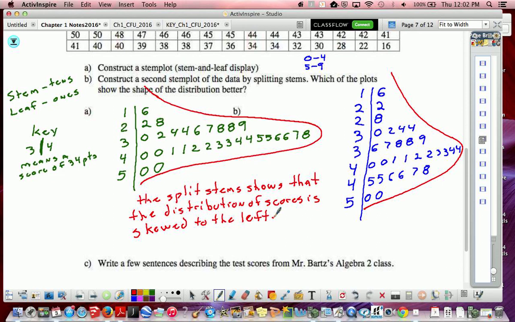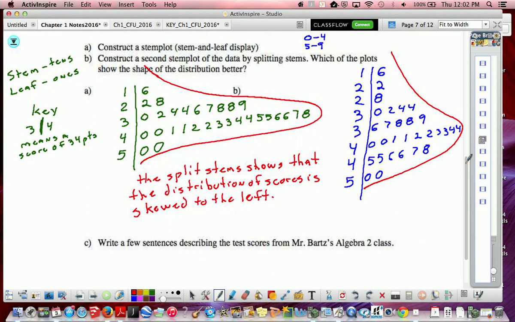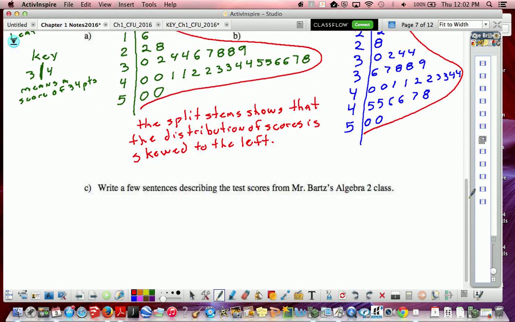Okay. So, last thing, and then we'll switch to the CFU here. It says, write a few sentences describing the test scores from Mr. Bartz's Algebra 2 class. So let's talk about shape, center, and spread. Anytime it talks about describing, I'm going to start talking about shape, center, and spread.